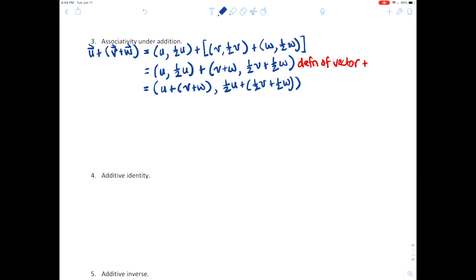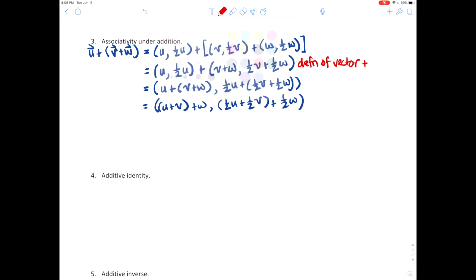Now we know that the real numbers are associative, right? So what we can do is we can say, all right, this is going to be equal to u plus v plus w, comma, 1/2 u plus 1/2 v, that quantity, plus 1/2 w.